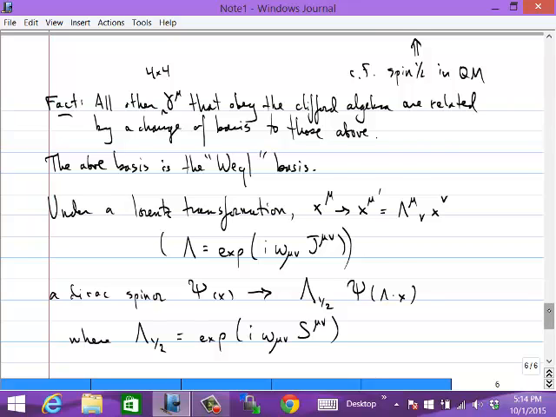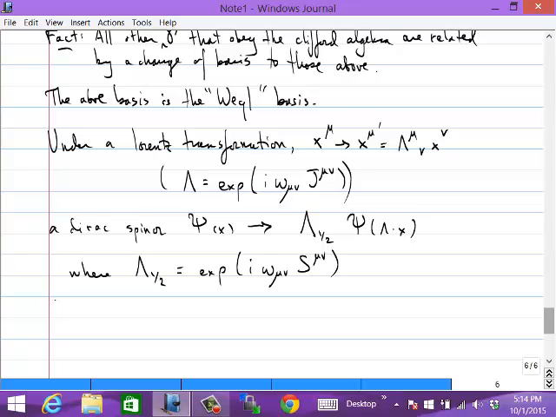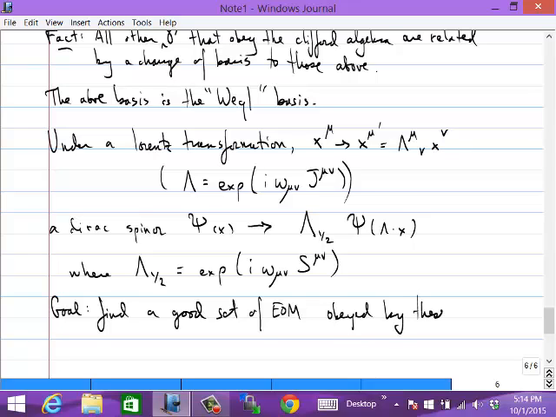So the goal then is to find a good set of equations of motion which can be obeyed by these Dirac spinors.